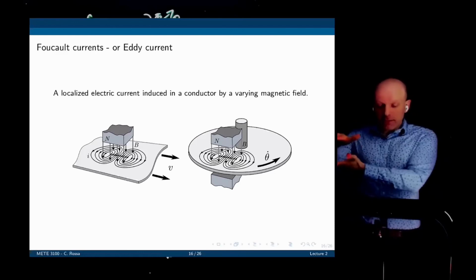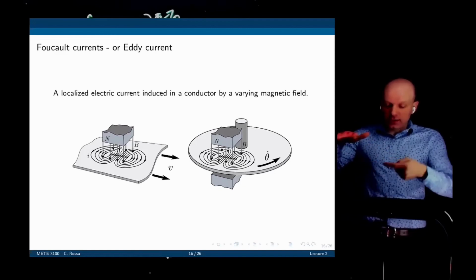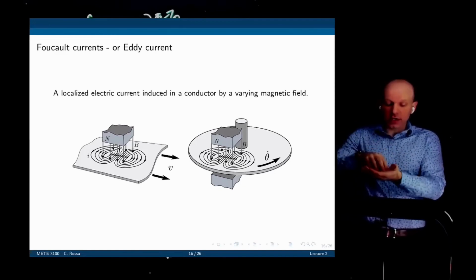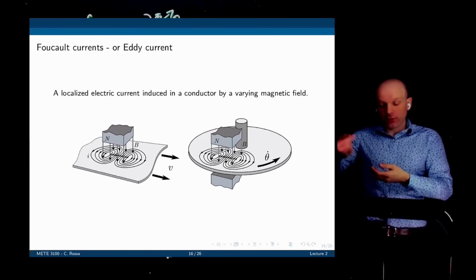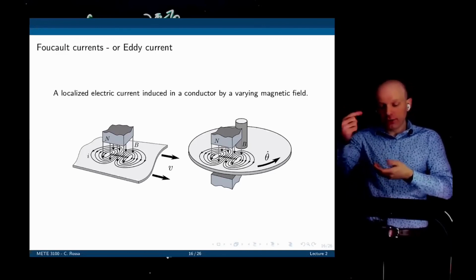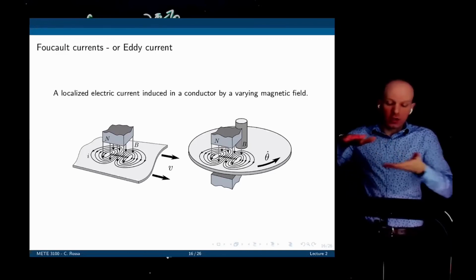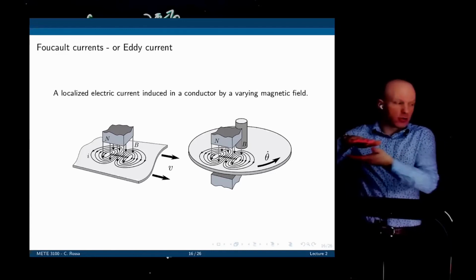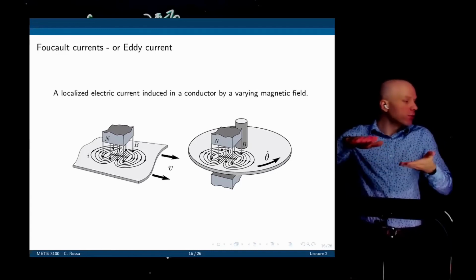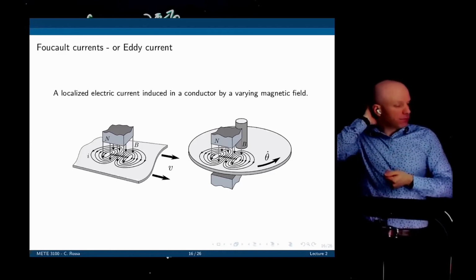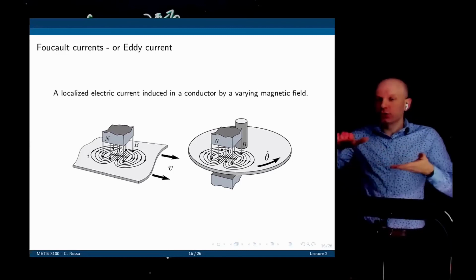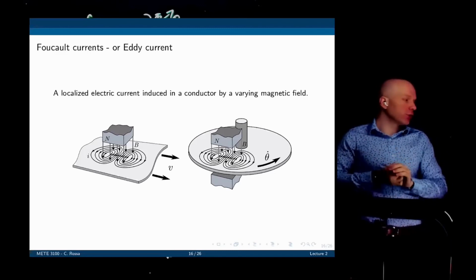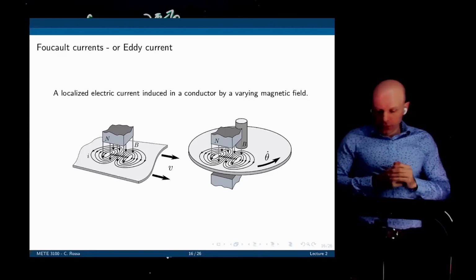The plate, as it passes under the magnet, is subjected to these currents. These currents create a magnetic field that opposes the first magnetic field, and they will be opposed. So there will be a resistance to movement created when you move the plate under the magnet, and that resistance will increase the faster you go.